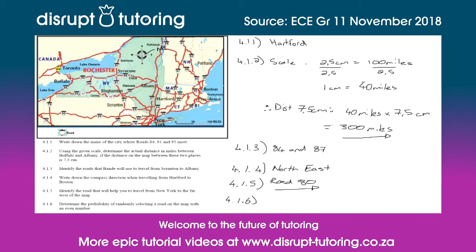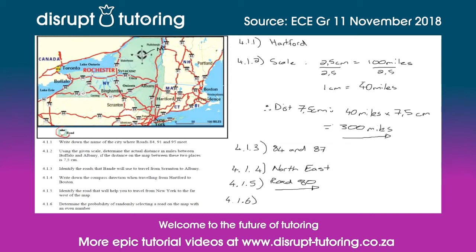And then finally on to 4.1.6. It says, determine the probability of randomly selecting a road on the map with an even number. So we now have to identify what road names there are. So if we look at this map, we can see that it goes up in order.